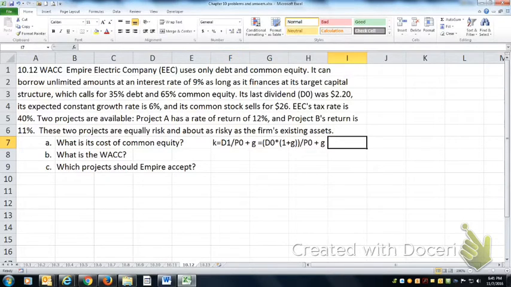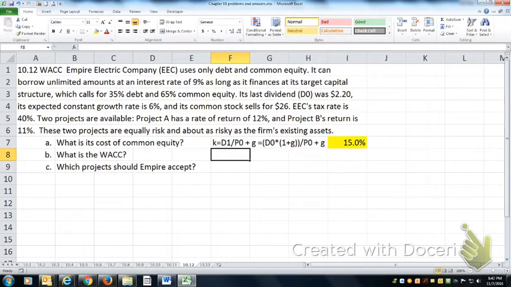That would be $2.20 times 1.06, where 6% is the growth rate, divided by the price of $26, and then add the long-term growth rate of 0.06, and that is the cost of equity. So there's the first issue. The cost of equity is 15%.